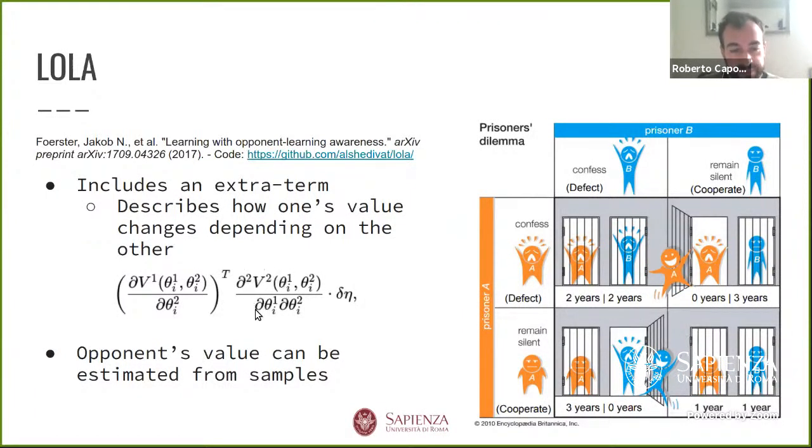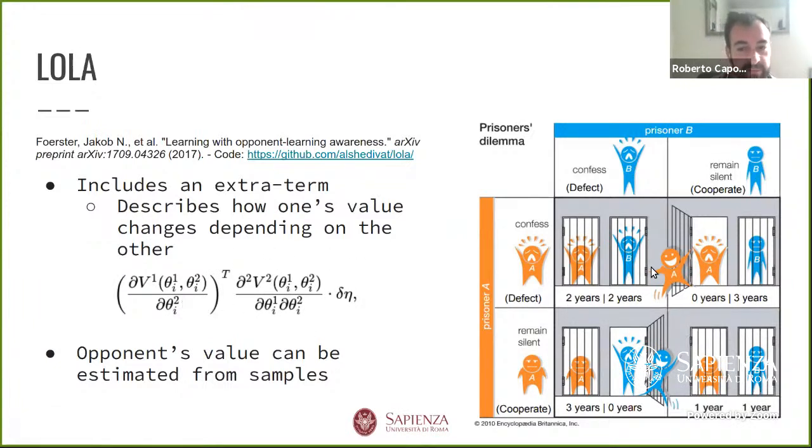So then you can obtain an estimate of this term, and then understand how you should behave depending on how much the changes on the value function of the other agent affect yourself.